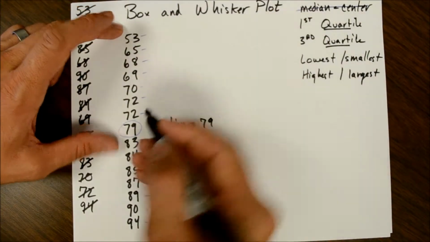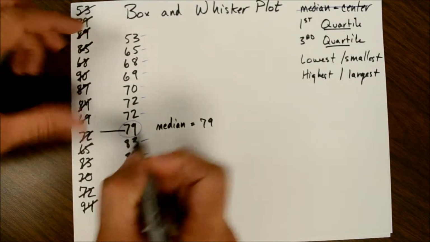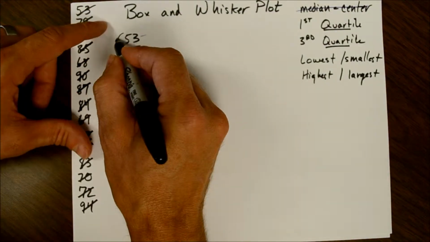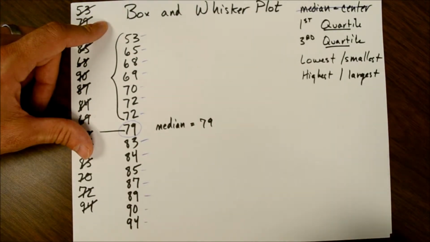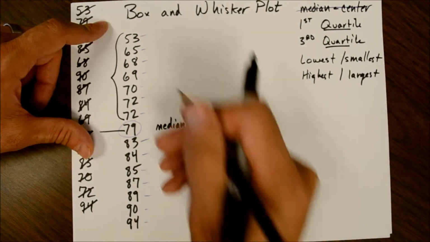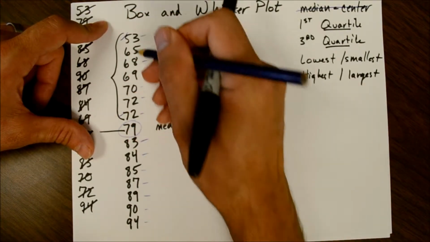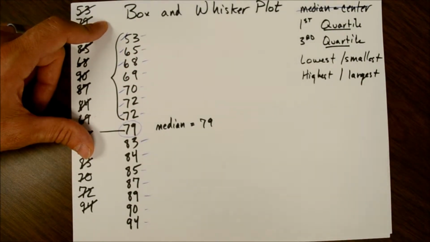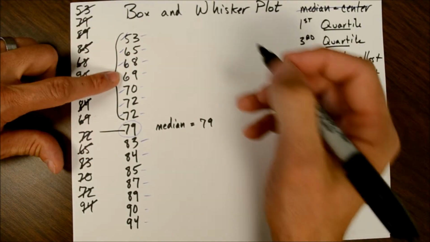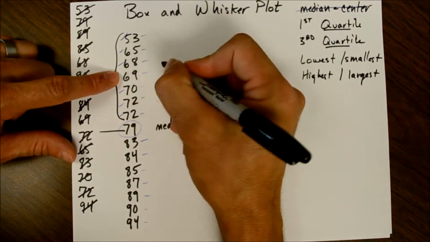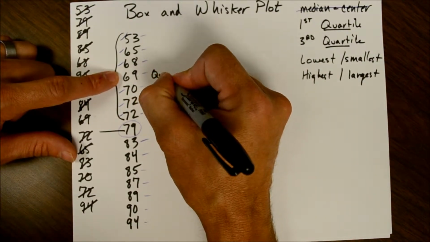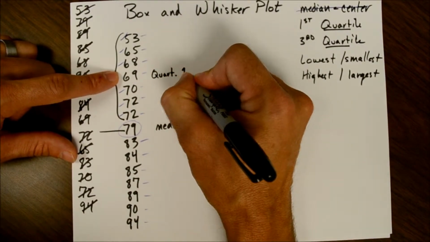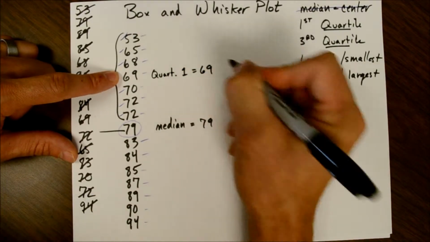Well, let's find the middle of the top half. We've used this, so we've got this set of numbers left, and the middle of that set of numbers, if we do the same thing we did before, we can call it the median of the top half, is 69. So quartile 1 is 69.